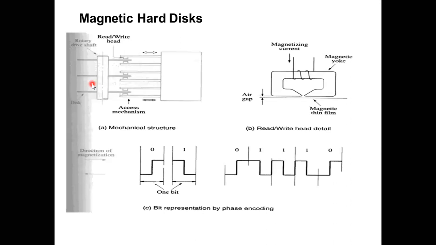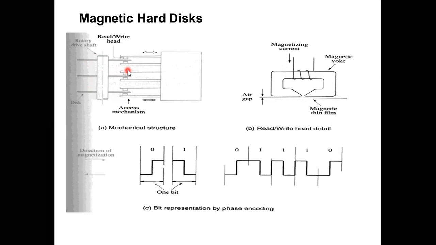As far as this magnetic hard disk is concerned, these are the platters. These disks can also be called platters. And this is the access mechanism. What is the meaning of access mechanism? It means having some mechanism by which you can use the disk for a read operation or a write operation.